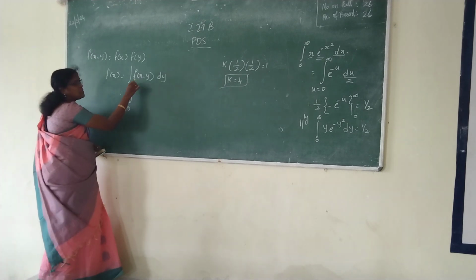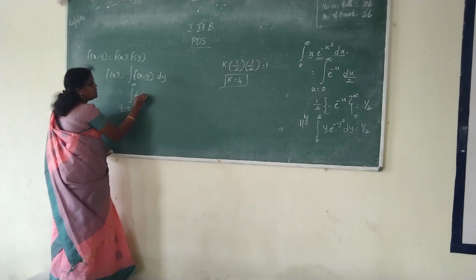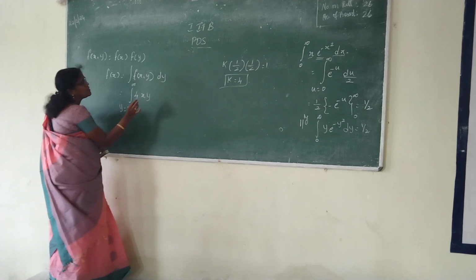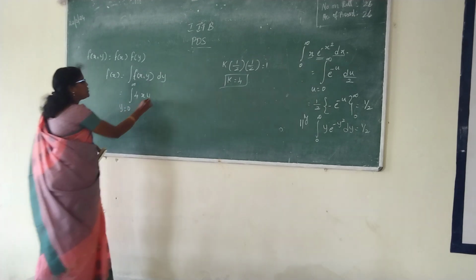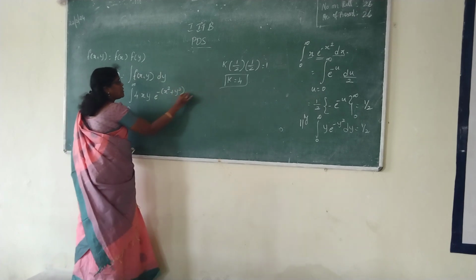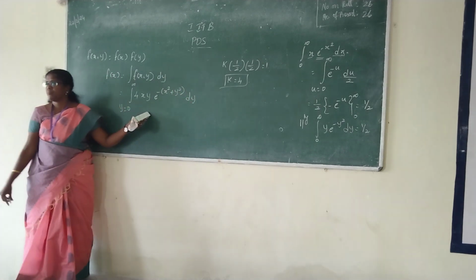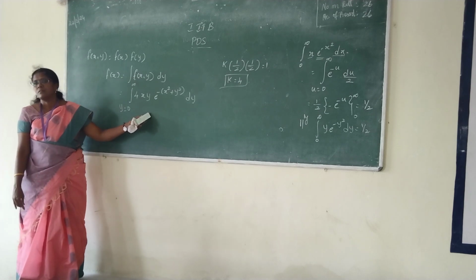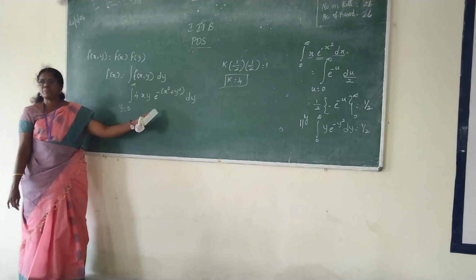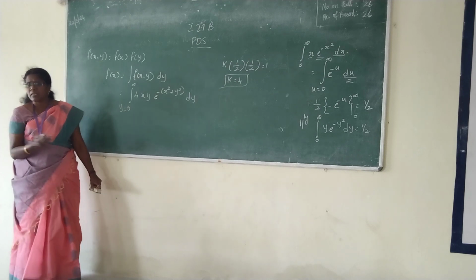What is f(x,y)? 4xy e power minus of (x square plus y square) dy. We are substituting f(x,y) here. So you are going to integrate with respect to y variable. All x terms are constant now, so take them outside the integration.